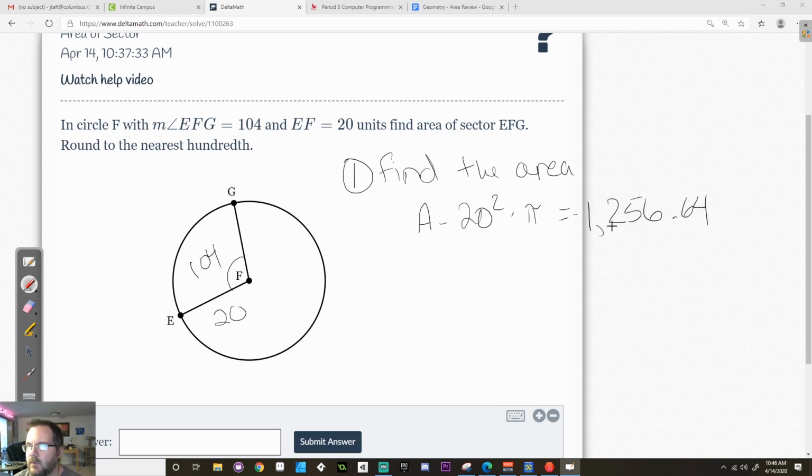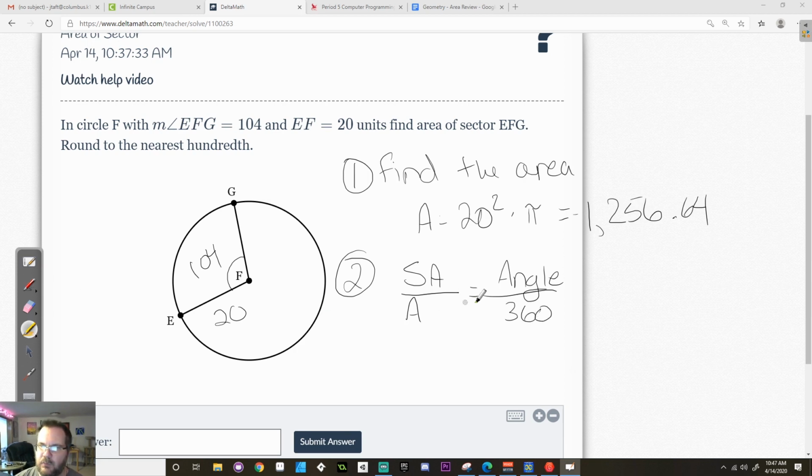Okay, so that's the area. Step number two, I need to set up the proportion. So the proportion is the sector area over the total area, going to be equal to angle over the total angles in the circle, which is 360 degrees.